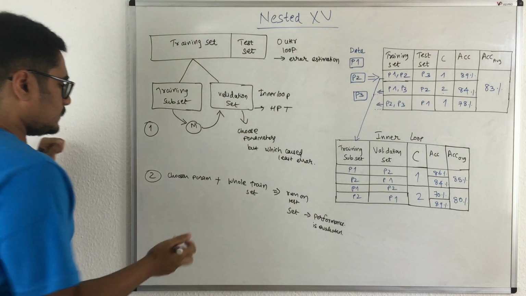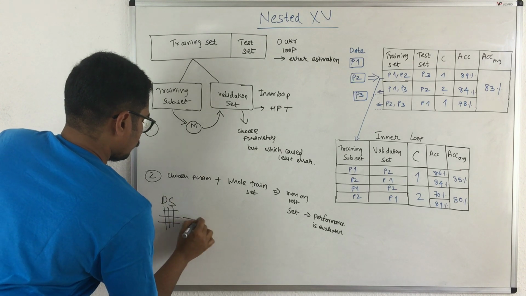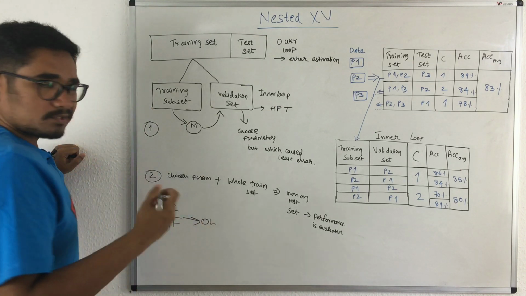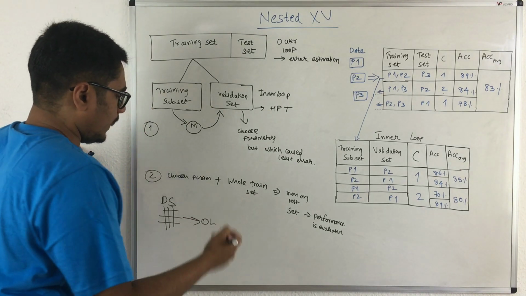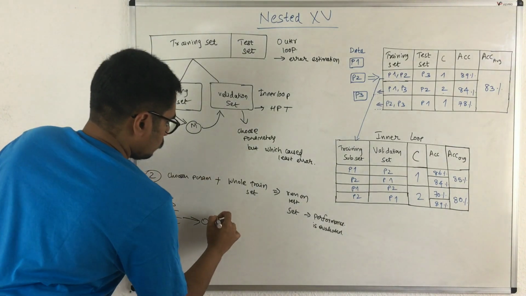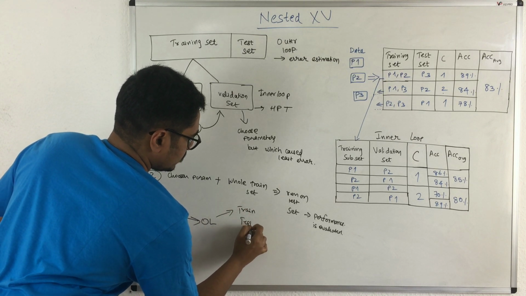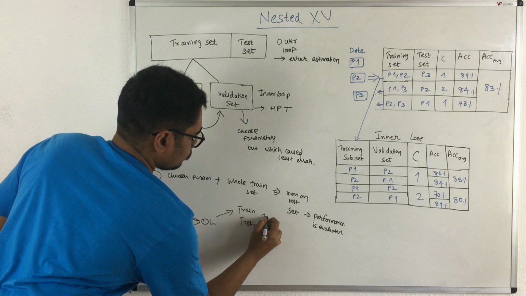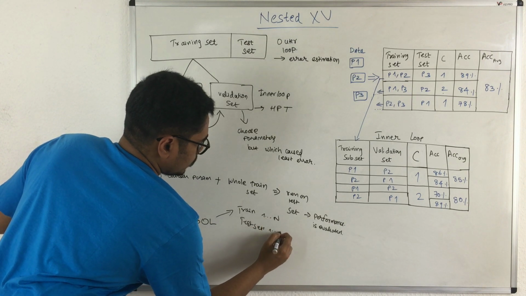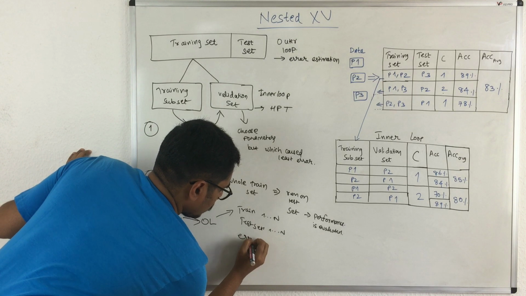Now in nested cross validation we have our data set. Whenever it is given to the nested cross validation approach, you have the outer loop at the very outside. It splits the data set into n number of training and test sets, so you have 1 up till n, here also 1 up till n. Then you estimate the error.